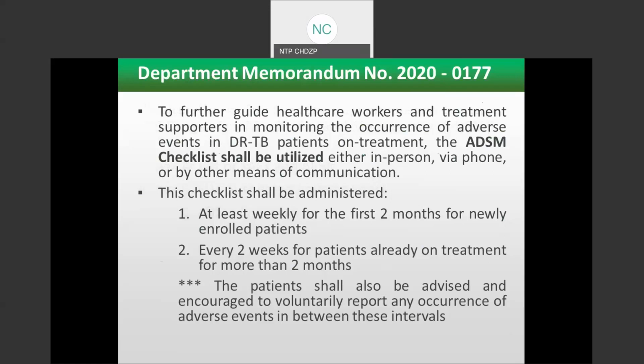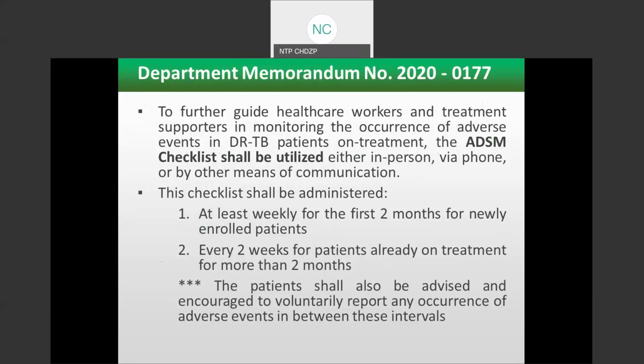And then, this checklist shall be administered at least weekly for the first 2 months for newly enrolled patients, and then every 2 weeks for patients already on treatment for more than 2 months. The patients shall also be advised and encouraged to voluntarily report any occurrences of adverse events in between these intervals.